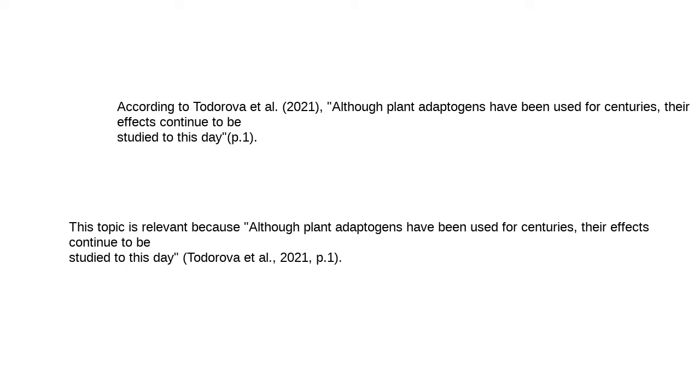That should be page 2. Here we go. Okay. So here, because I didn't use the author's name to introduce the quote, I have that here, then a comma, the year, and the page number. And that should be page 2. Always check your page numbers.